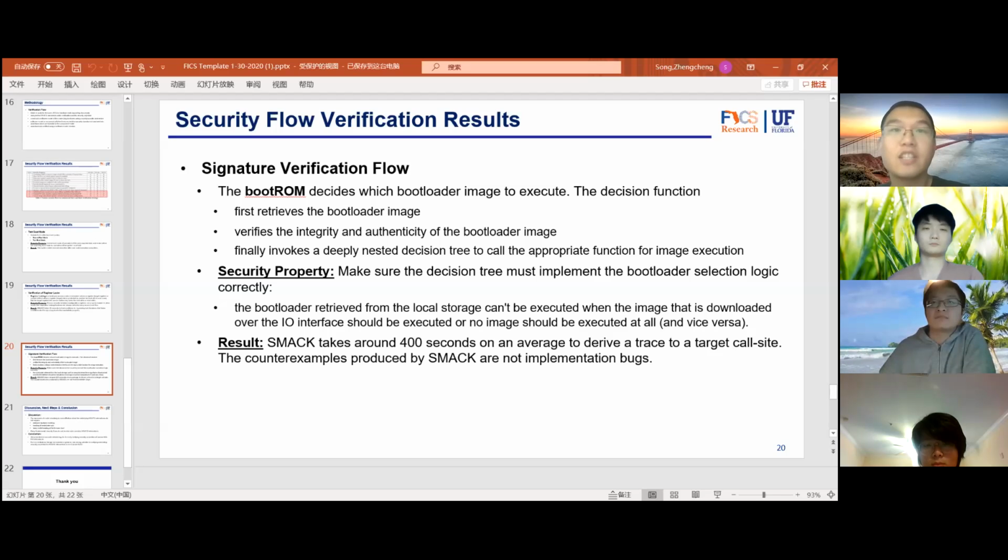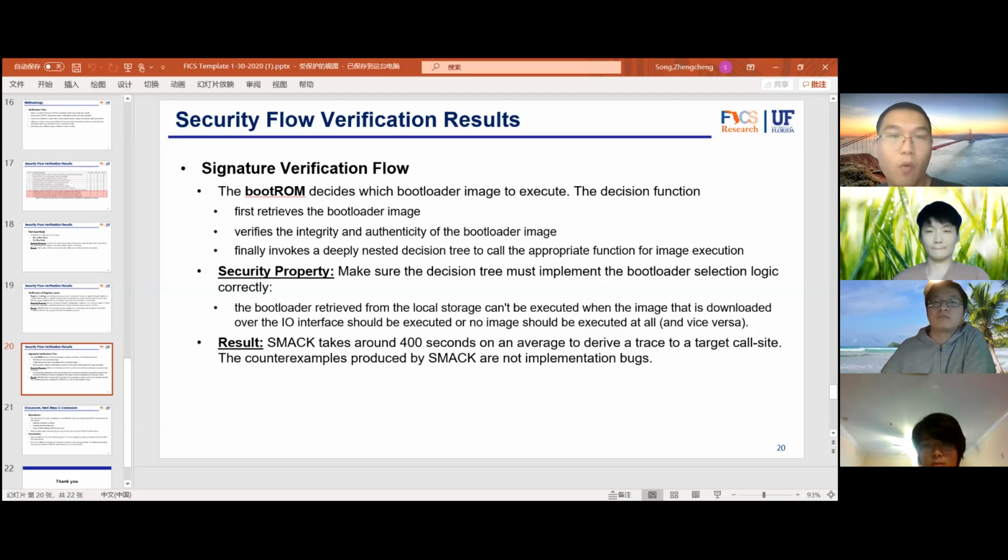And we need to ensure the selection logic of the decision tree is correct. For example, the bootloaders from the local storage and the I/O interface cannot be executed at the same time. The verification result can quickly find a trace from target to target call site, and it doesn't imply any bug.